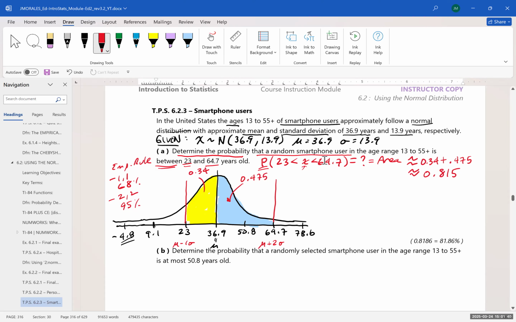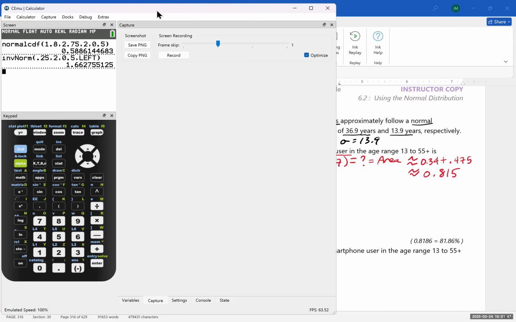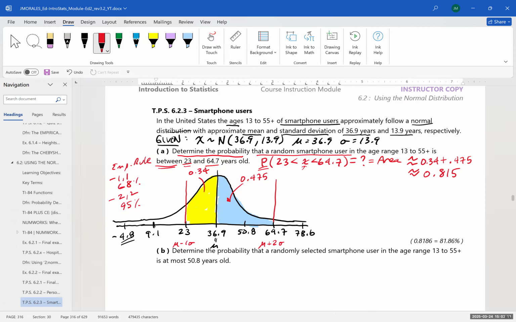So let's take a look here. Okay, so let's do inverse norm. Actually, not inverse norm. We want to do normal CDF because we're trying to find an area. Okay, so the lower value, I believe, was 23. The upper value was 64.7.